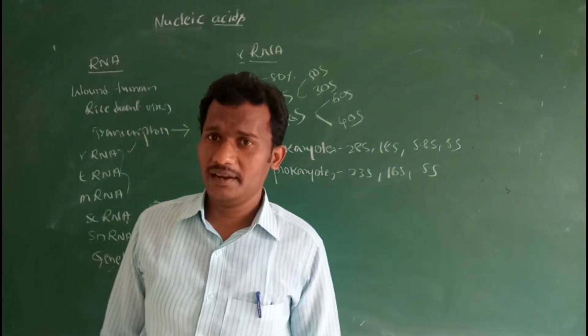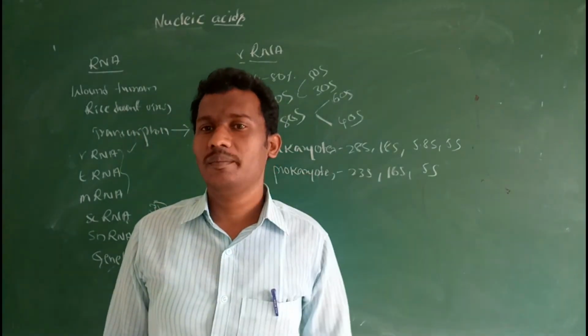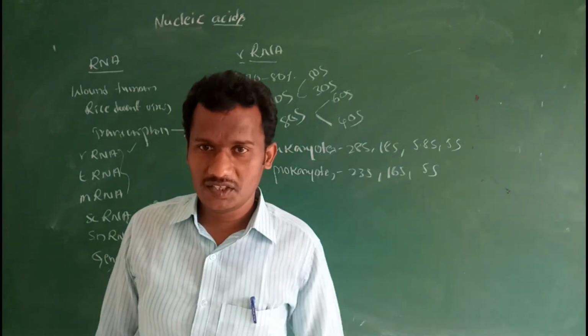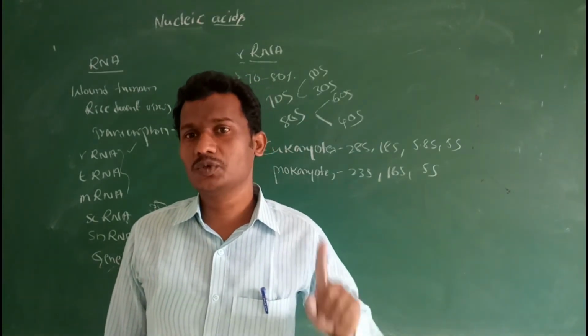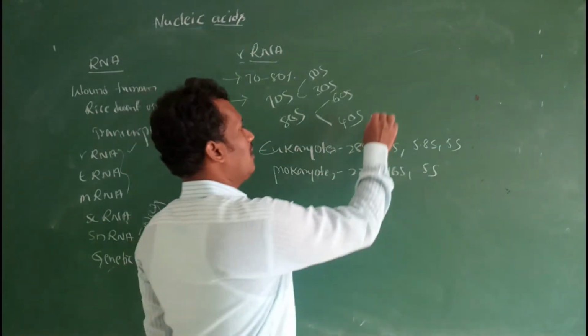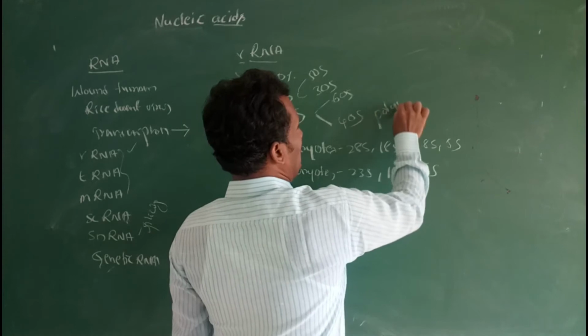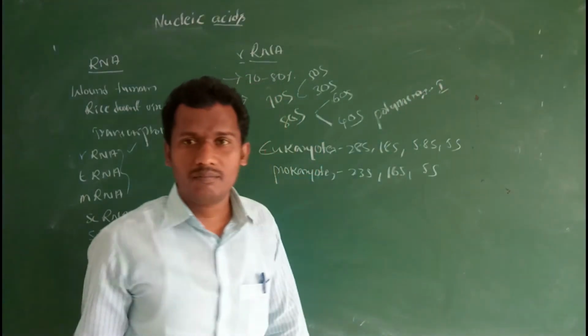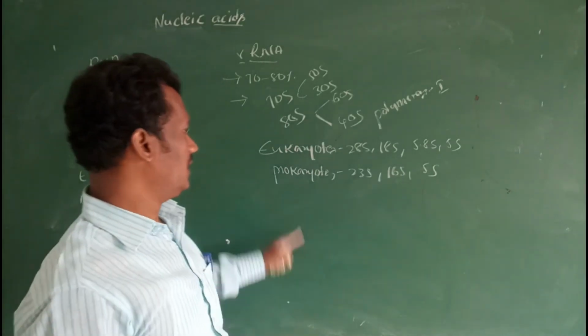Generally in prokaryotes only 1 polymerase enzyme is present, but in eukaryotes 3 polymerase enzymes are present: polymerase 1, polymerase 2, polymerase 3. rRNA is synthesized by polymerase 1 enzyme.